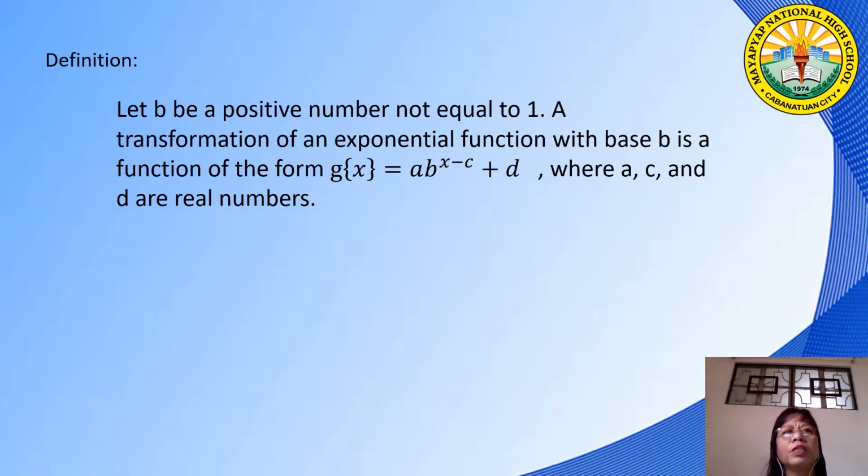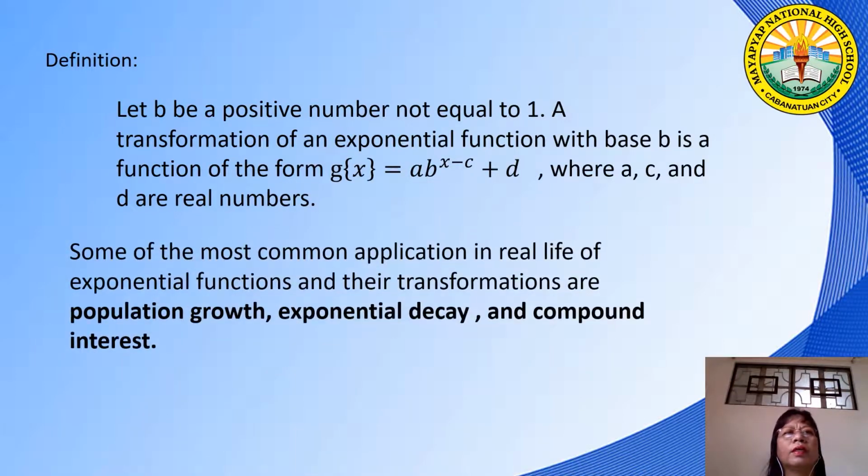A transformation of an exponential function with base b is a function of the form g of x equals a times b raised to x minus c, plus d, where a, c, and d are real numbers. Some of the most common real-life applications of exponential functions and their transformations are population growth, exponential decay, and compound interest.